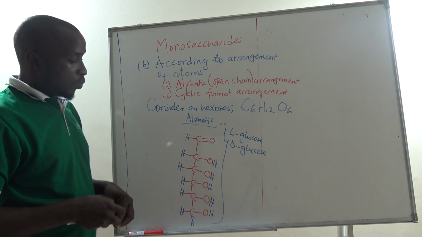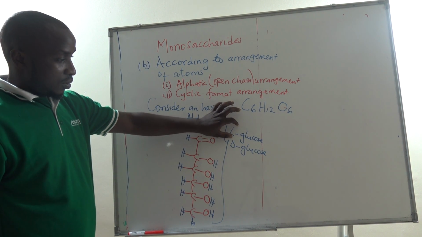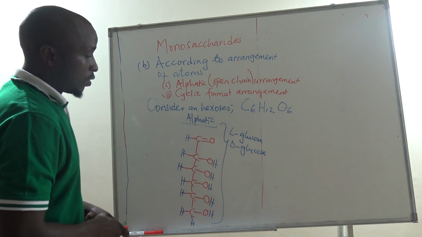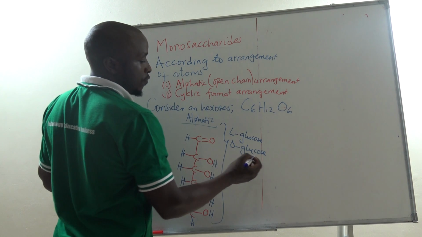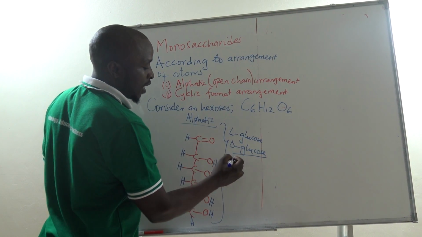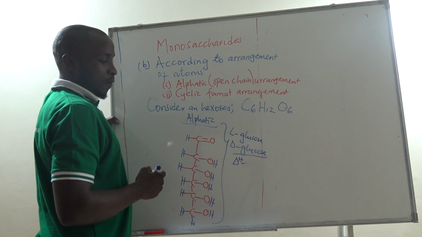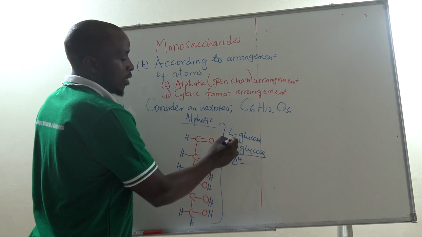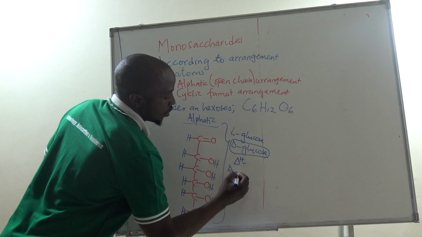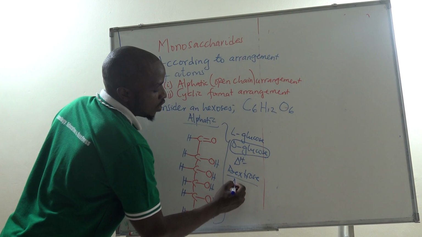At higher levels of education, we can distinguish between the L series of hexoses and the D series of hexoses. But for now, if you have looked at the drips they put on us when we become sick, they are labeled D5 water, meaning the sugar they would have put in that drip is dextrose. So dextrose is glucose, which is called D-glucose.